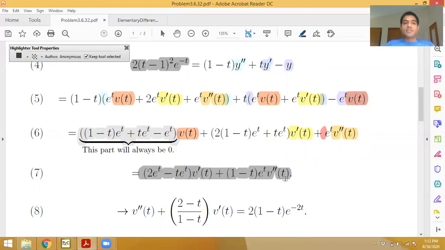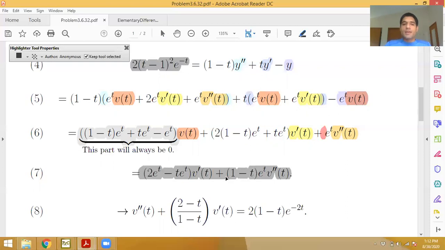It normalizes the differential equation. So I'm first going to divide by this 1 minus t times e to the t, which also, a small note: e to the t is never 0, so we can always divide by that. And 1 minus t, we can divide by that because we're assuming that t is between 0 and 1, so 1 minus t is not 0.